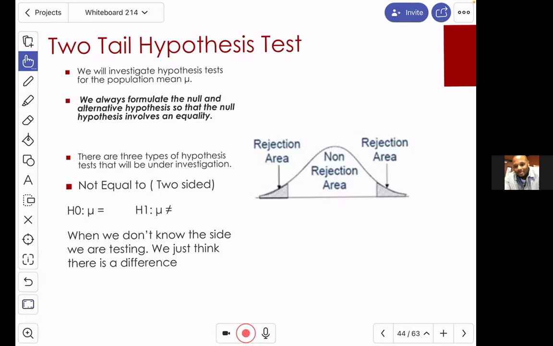For instance, if I say that the average grade in this class is a 3.0, but then I give out grades and some of y'all make less than 3.0, some of y'all make higher than 3.0, right? So you're wondering, is the average I actually gave you true? Well, you don't know. But what you do know is that you don't think the actual average is 3.0. So this starts out by saying we just think there's a difference. And this is what we call a two-tailed test.